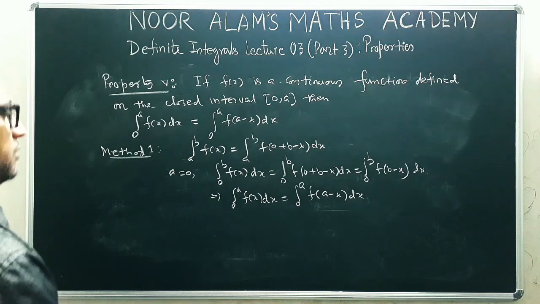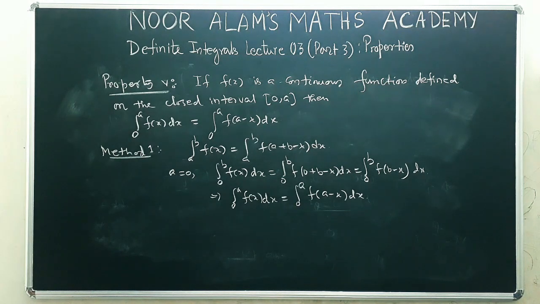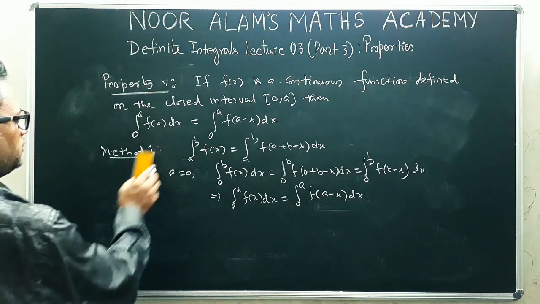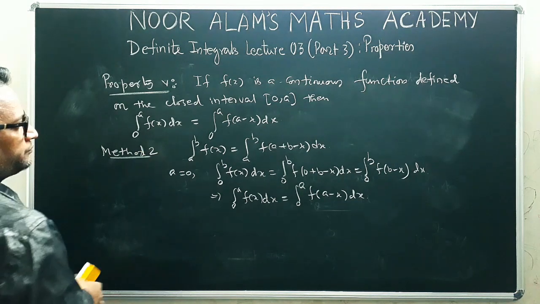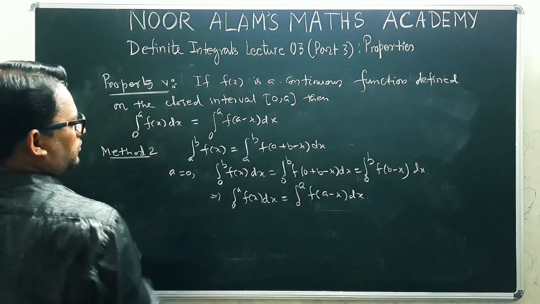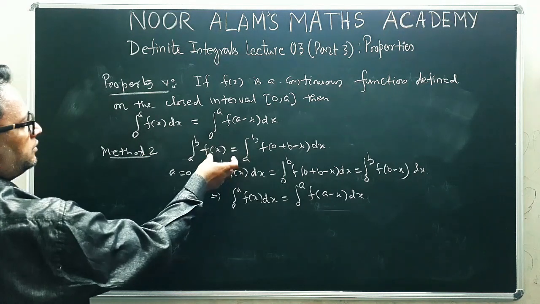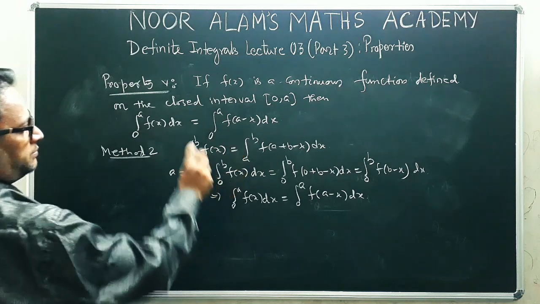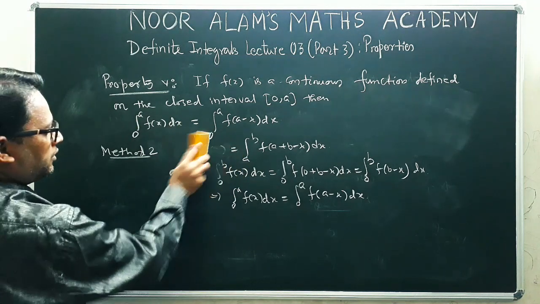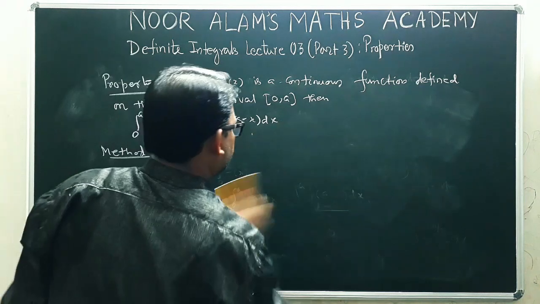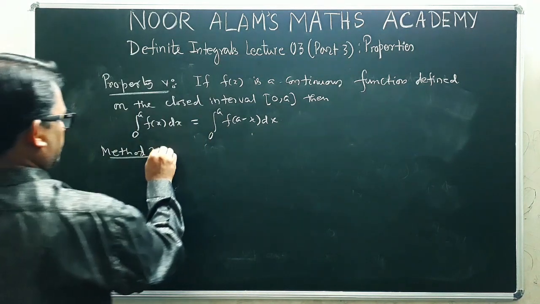If you want, we can prove this in a different way also. Now I am going to prove it using method 2. This property is a particular case of property 4, but now we are going to establish this result in the general way.